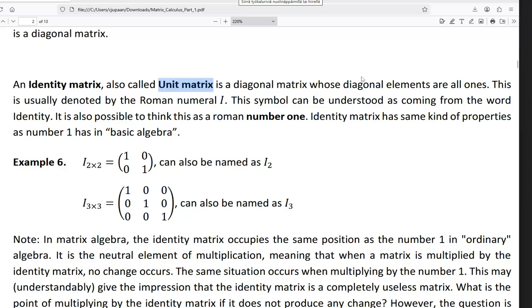So as I told, probably, this unit matrix has something to do with the number 1. You may think that because there is another way to name this kind of matrix, identity matrix.